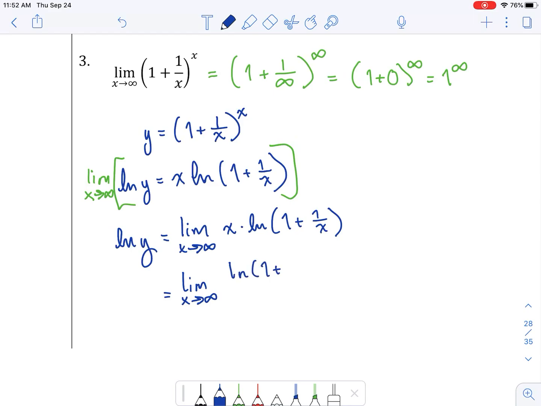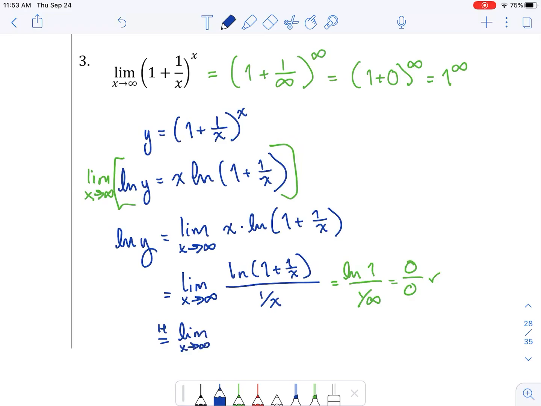And the way that I'm going to do that is I'm going to say, well, this is ln of 1 plus 1 over x all over 1 over x, because multiplying by x is the same as dividing by its reciprocal. Now, when we plug in, we get ln of 1 over 1 over infinity, which is 0 over 0. So we've shown we can use L'Hopital's.